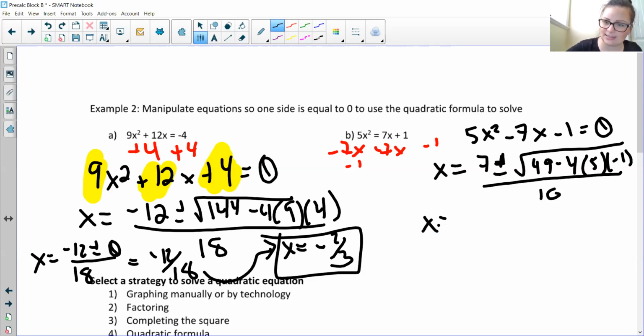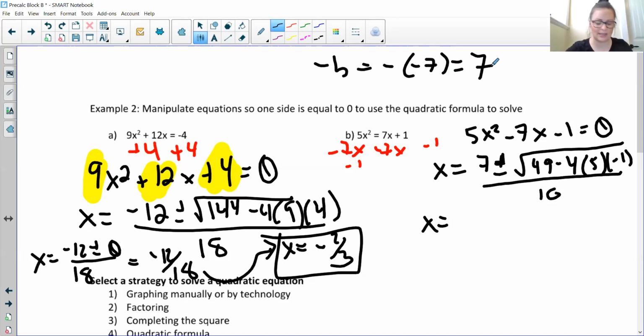Remember it was negative b, so it's the same thing as negative negative 7. That's why it became a 7 there. We're going to have 7 plus or minus the square root of 49 plus 20. There's a negative and a negative here, which makes a positive. So it's 49 plus 20, which is the square root of 69, over 10.